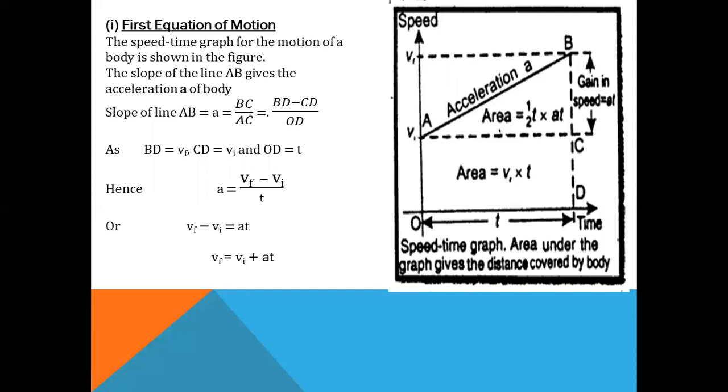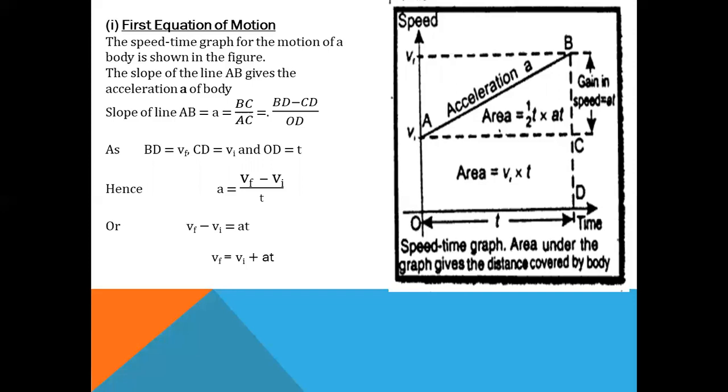Slope of the line AB is equal to a is equal to BC, the vertical component of this triangle, divided by AC, the base. You may say rise over run. BC is rise, AC is run. That is equal to, in terms of total graph, BD.